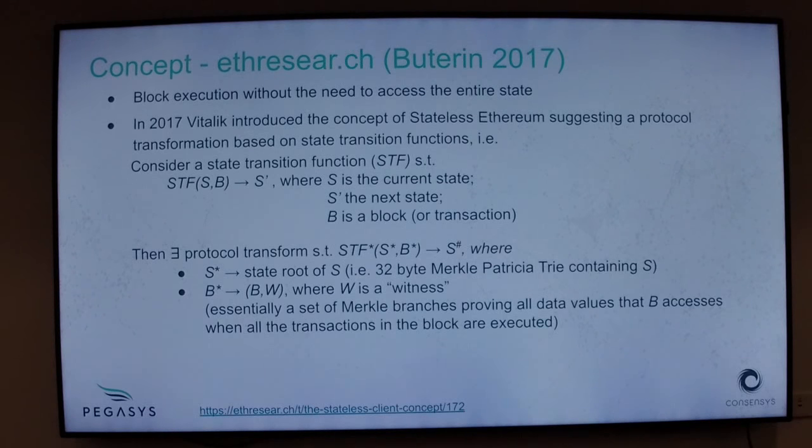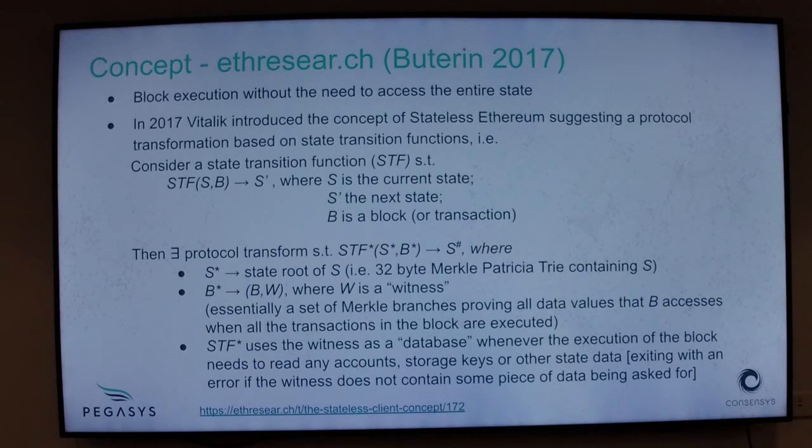And B star would comprise the block and a witness. The witness is essentially a set of Merkle branches proving all the data values that the block accesses when all the transactions in the block are executed.